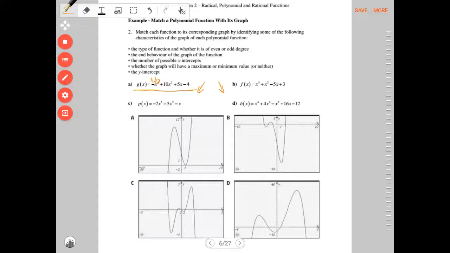So look, this graph, that's an odd graph. Hey, this one's even, but oh look, both arms extend high, so that's not it. Oh, look at this one. Both arms extend low. There's 1, 2, 3, 4 zeros. So that's our guy. This is graph D.